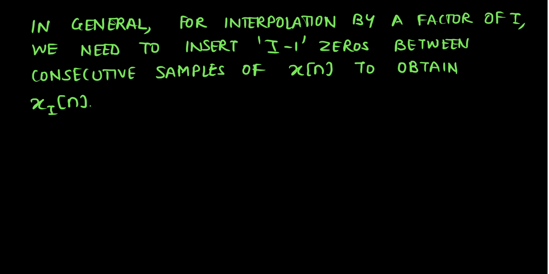So in our example, we had considered I equal to 2, which implies that we had to insert I minus 1, which is equal to 1 zero between the consecutive samples.